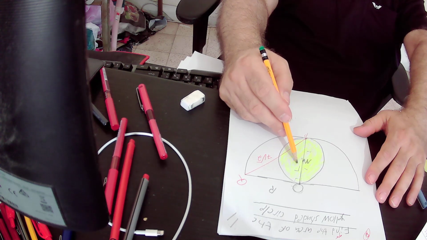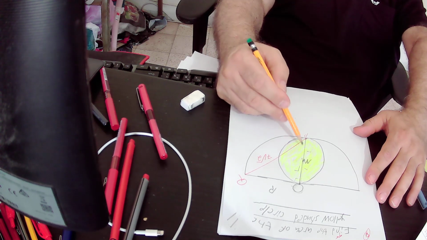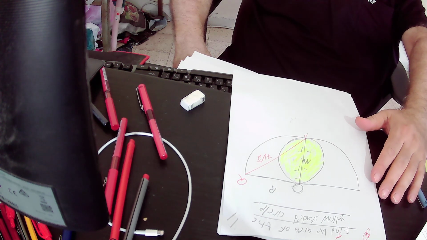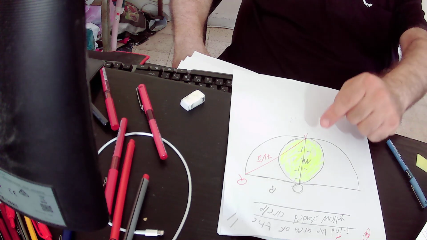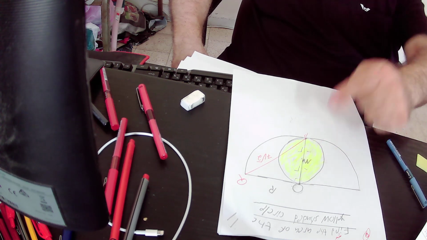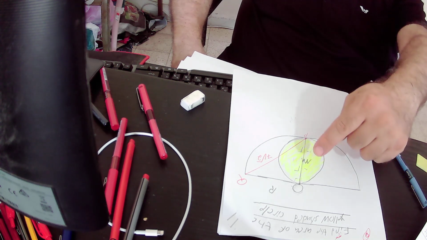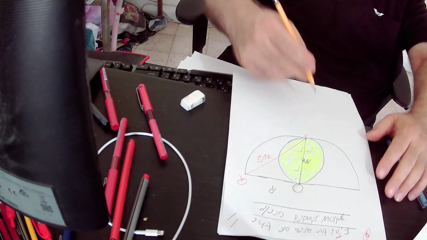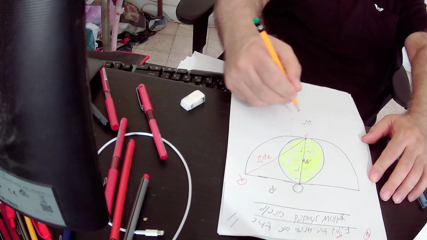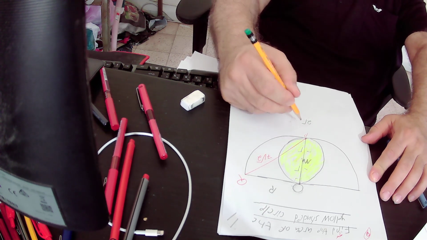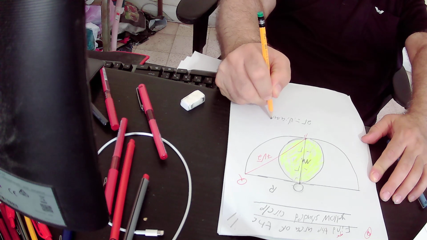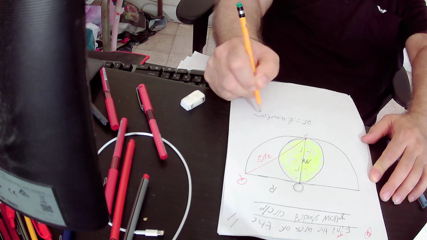I marked it as small r, and also MP is the radius of the yellow circle. Because PMO is a straight line, we can say that 2 times r is the diameter of the yellow circle.